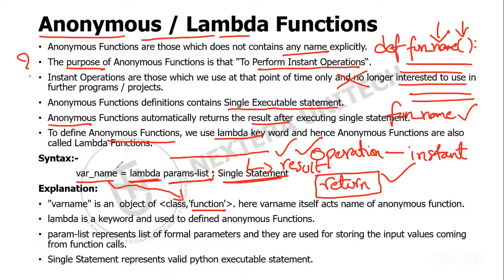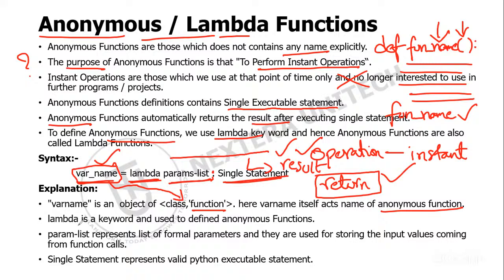And moreover, the variable itself acts as an anonymous function. Why? There is no name. No name explicitly will be defined for an anonymous function. Because of this, the variable name itself acts as a name for anonymous functions.